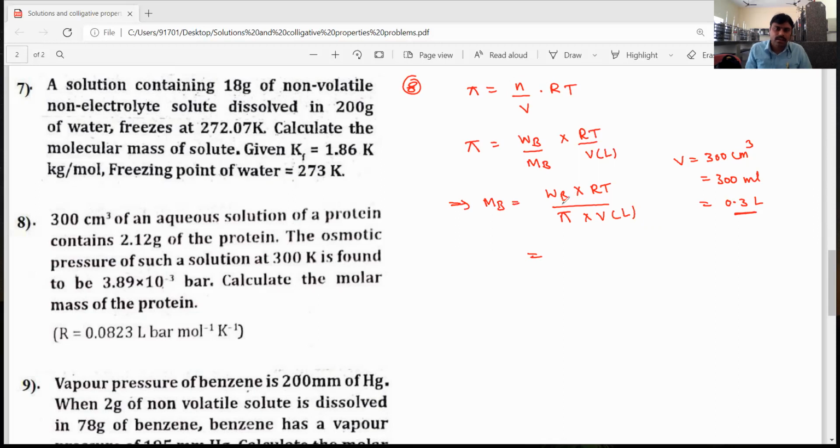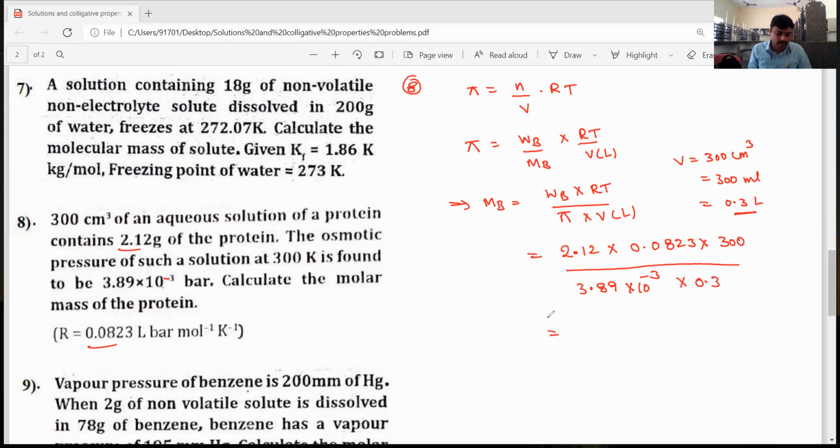The weight of protein WB is 2.12 grams, and the R value they gave in the question in liter bar per mole Kelvin is 0.0823, the temperature is 300 kelvins, and the osmotic pressure at that temperature is 3.89 into 10 to the power of minus 3, and volume is 0.3 liters.